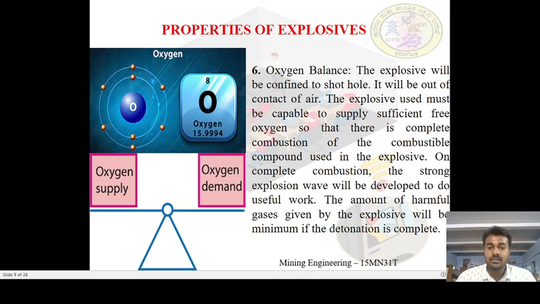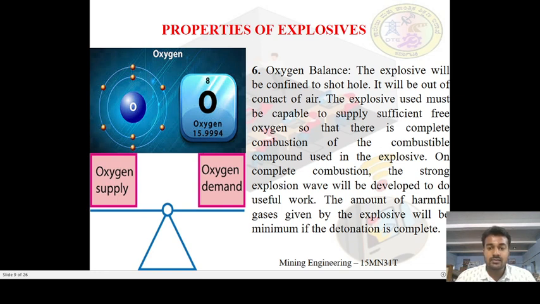For an explosion to happen, it requires oxygen. The lack of oxygen in the shot holes could lead to a misfire in the hole. Such a misfire may cause a great loss to the owner.